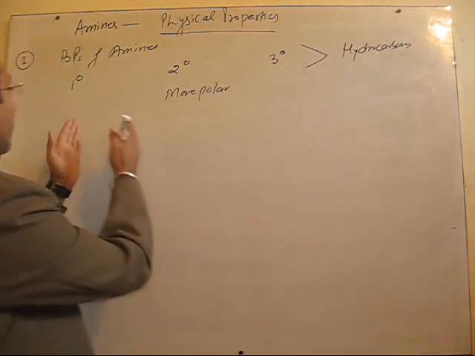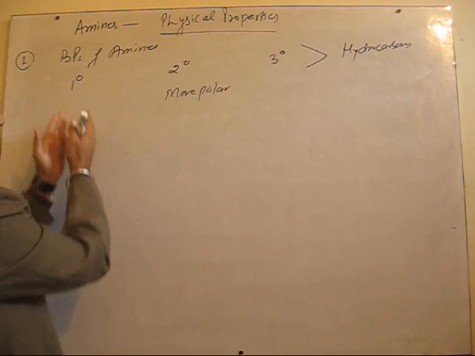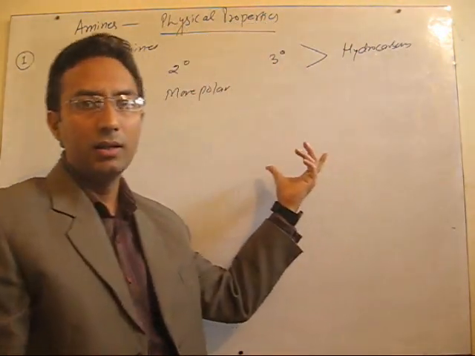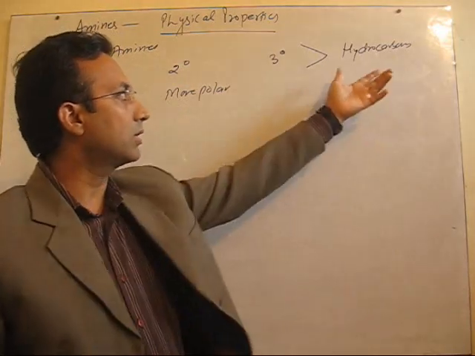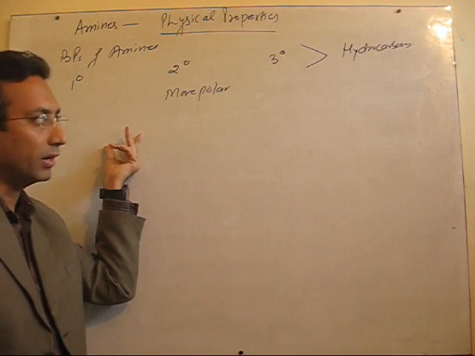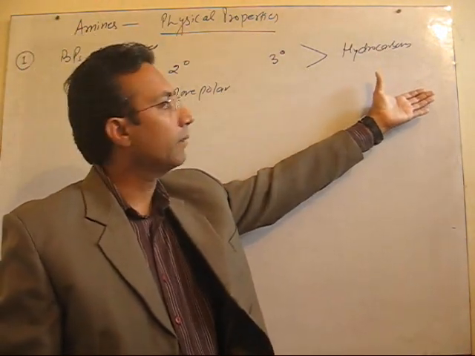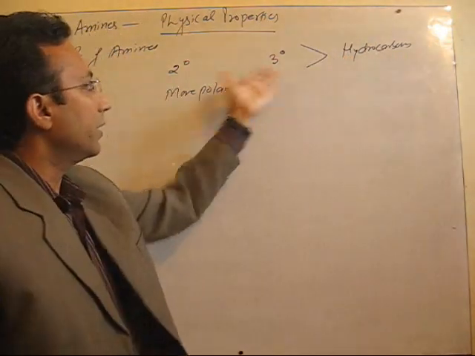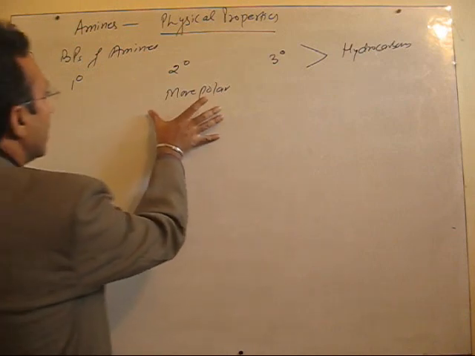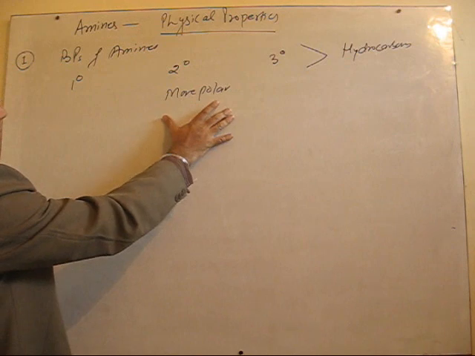Otherwise, methanamine is a very small primary amine, and if you compare its boiling point with that of octane, there may be a difference. Though octane is a hydrocarbon and this is an amine, methanamine will have the lower boiling point, right? Because octane will have higher van der Waals forces. So whenever we compare boiling point, we keep the molecular mass constant. Fine. So they are more polar than hydrocarbons, so their boiling point will be more as compared to hydrocarbons.